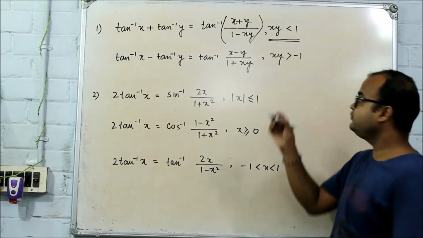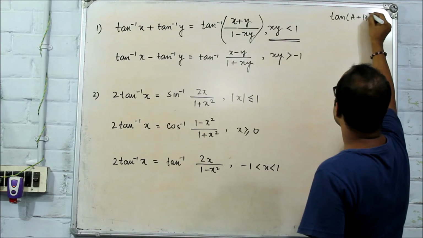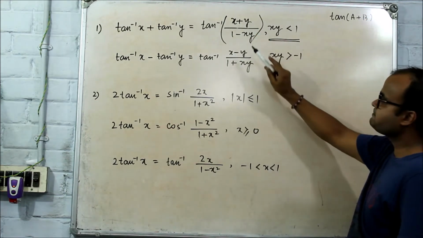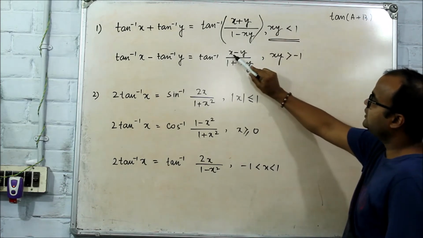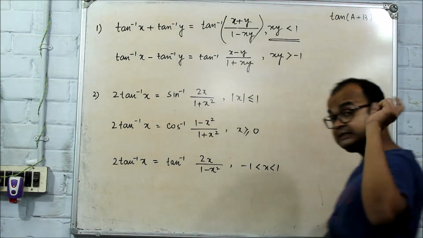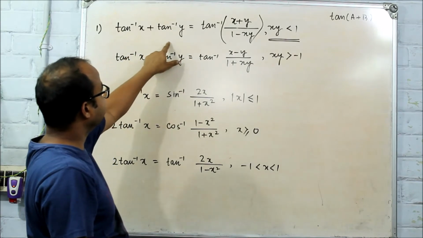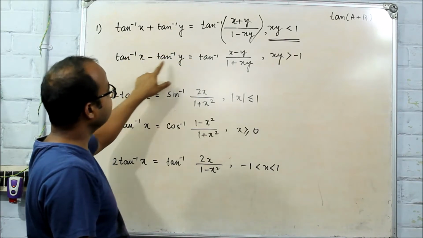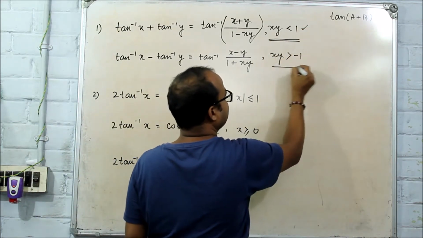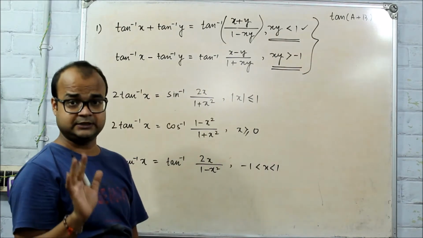The trick is, if you remember the formula tan of a plus b is tan a plus tan b over 1 minus tan a tan b, and tan of a minus b is tan a minus tan b over 1 plus tan a tan b, then in that way you can remember this formula, tan inverse x plus tan inverse y and tan inverse x minus tan inverse y, where xy is less than 1 and xy is greater than minus 1. These two we are going to use many a time.